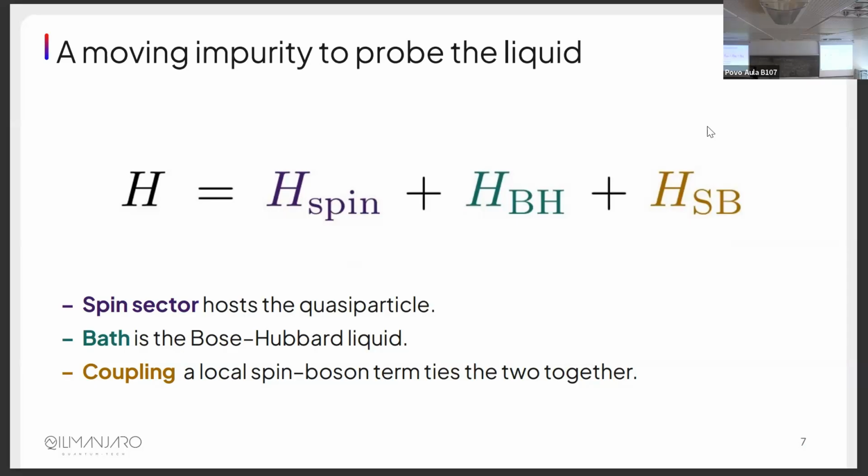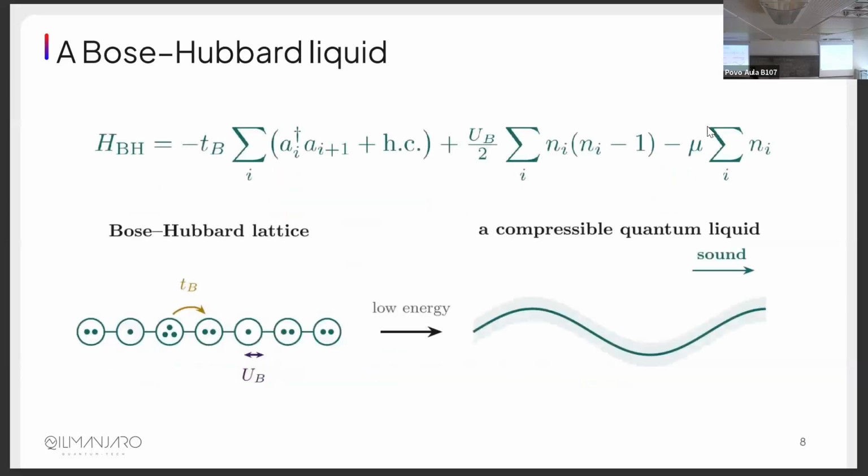What happens in the bosonic part of the Hamiltonian? I'm going to explain a little bit what the Bose-Hubbard model is. It is the bosonic part of the system and contains three main terms. The first term is called the hopping term. P is the parameter that controls how easy it is for a boson to jump between sites.